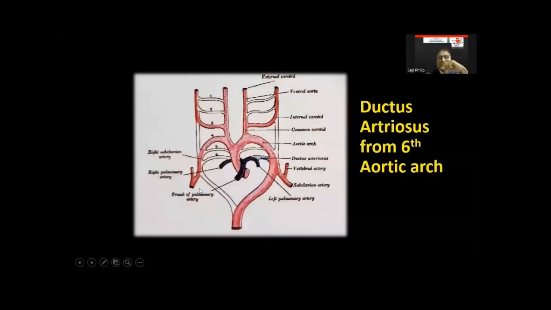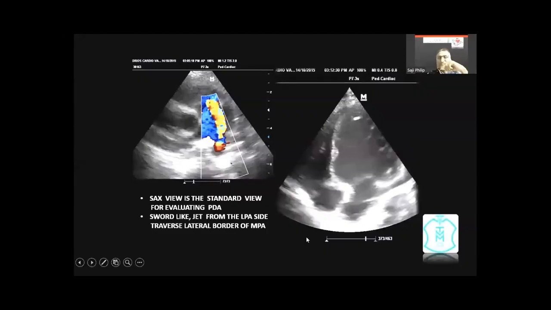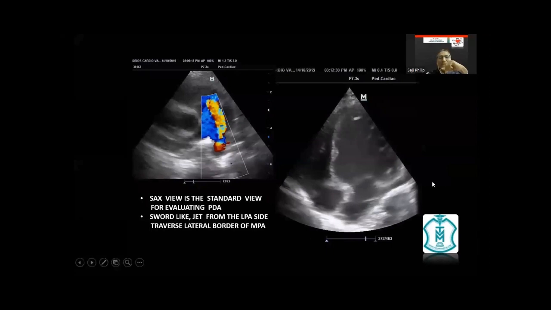So the ductus arteriosus arises from the 6th aortic arch, and the right side portion will regress. Here you can see the short axis view of the aorta and PA, with a dilated PA. The blue color is forward flow in the PA, going away from the probe, and this is towards the probe.